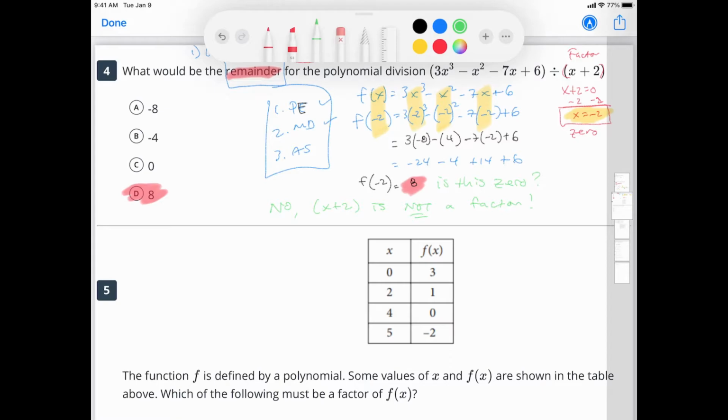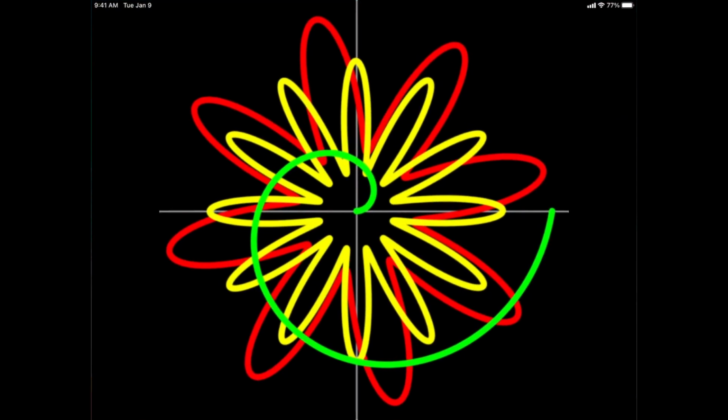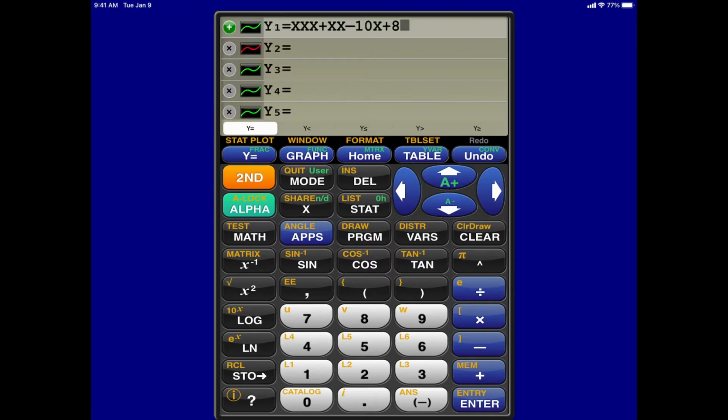Let me show you guys how I would put this into a calculator. I use one on my iPad called Graphing Calc 83. Pull up this picture here.